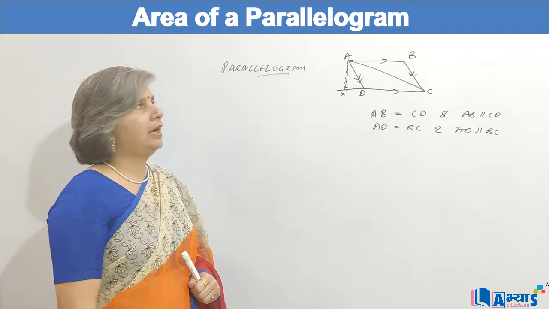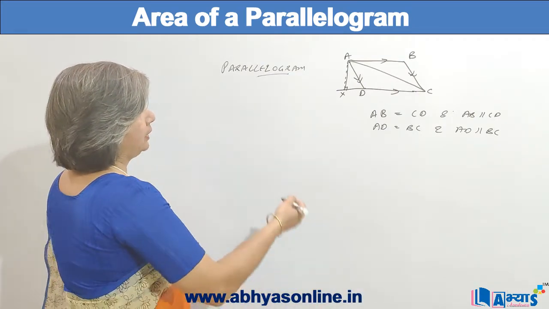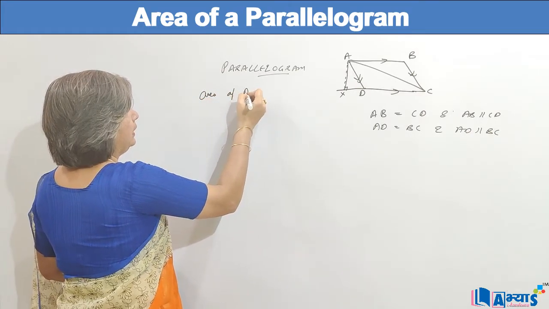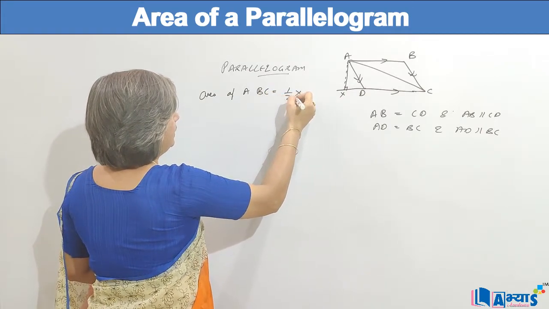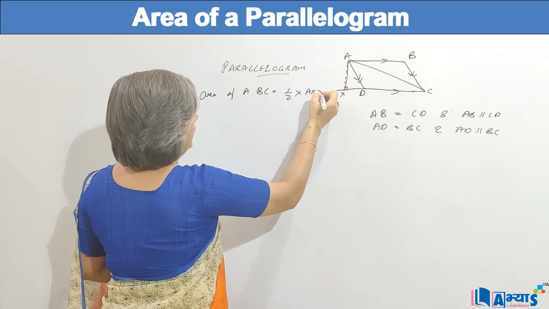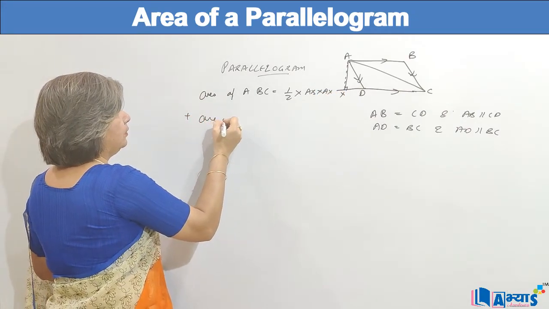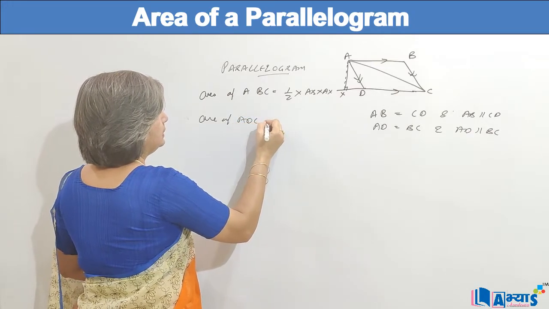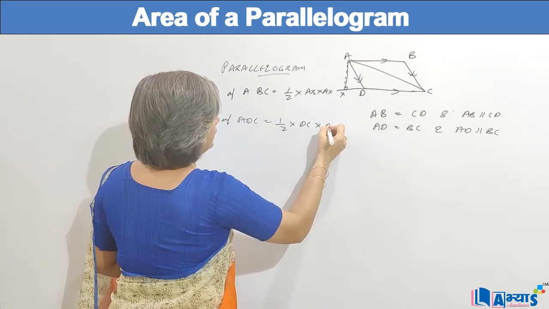Also AX is the height of the triangle. So area of ABC is equal to half into base. Base is AB, height is AX, plus area of ADC is equal to half into DC into AX.